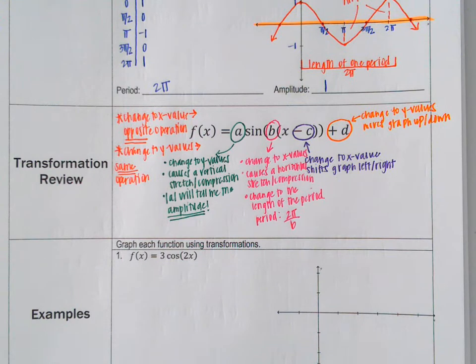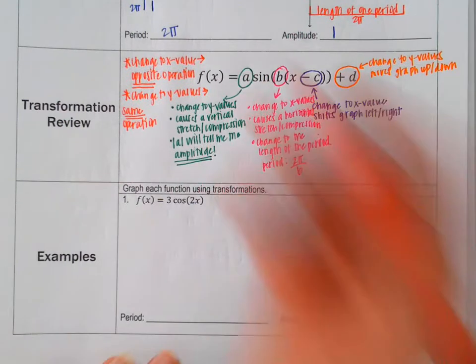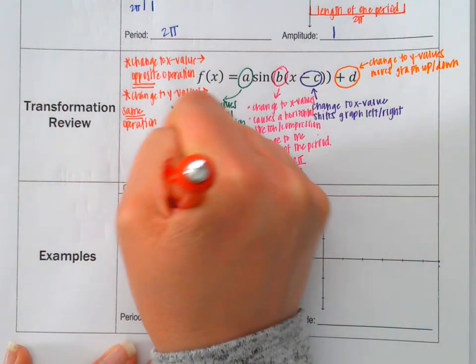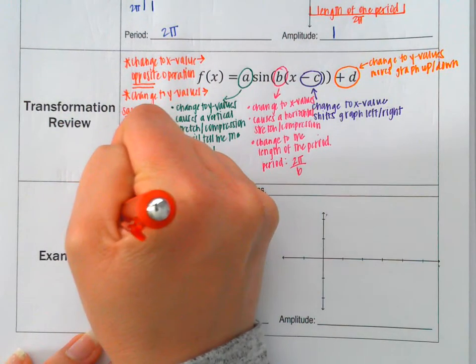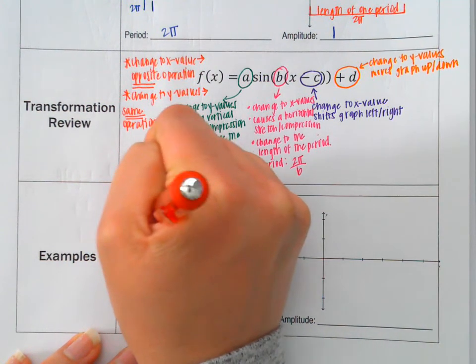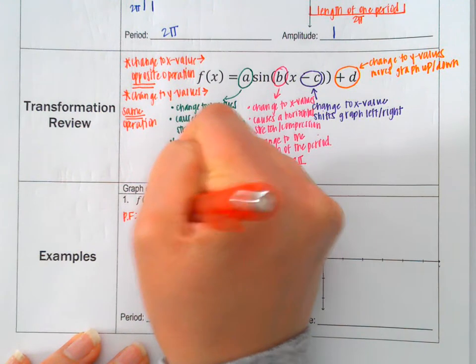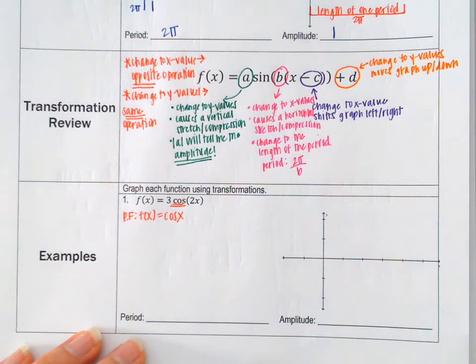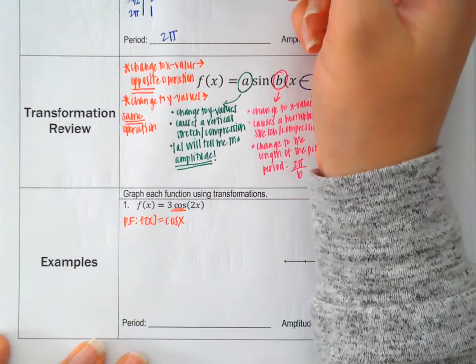Our first one says graph each function using transformations. So we always start with my parent function. My parent function I look at, and it's going to be cosine, right? So we're going to use that parent function table first.